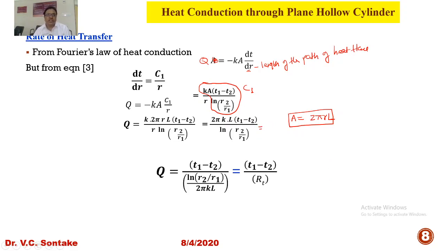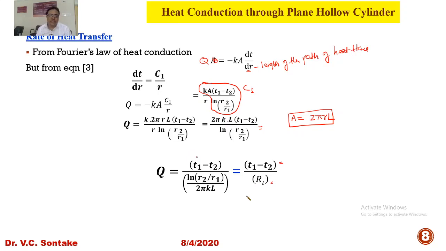On rearranging, it will give me Q is equal to (T1 minus T2) over [log of R2 by R1 by 2 pi KL]. Writing this in terms of the potential difference, that is temperature difference, and thermal resistance, I can write it as (T1 minus T2) over RT.